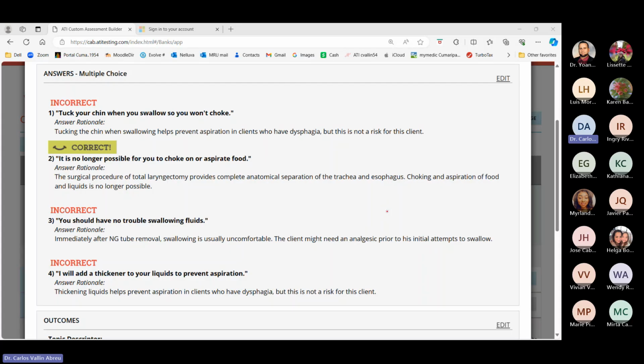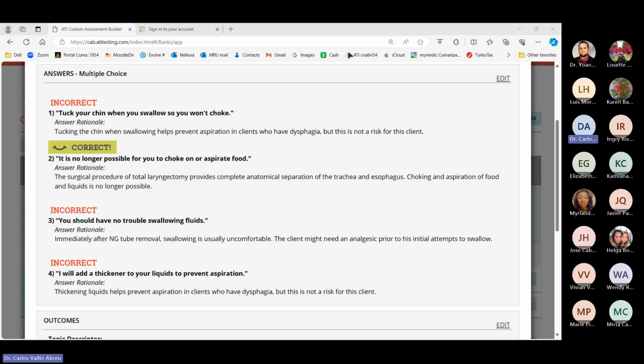The hole here goes to the trachea, and from the trachea to the lungs. Basic anatomy. And the hole here is the esophagus that goes to the stomach. When the food or the liquid comes here, and if you have dysphagia, the liquid or the food can go to the trachea.